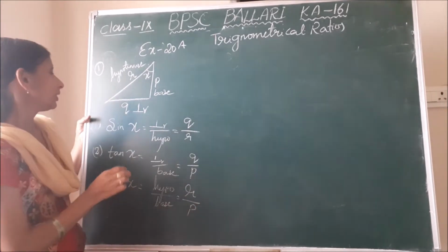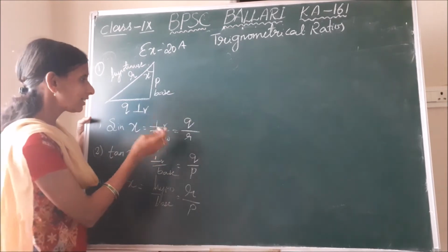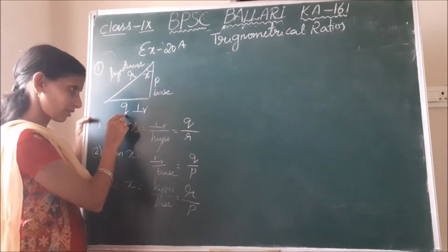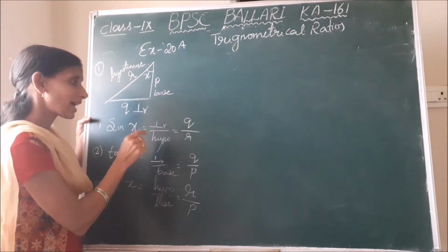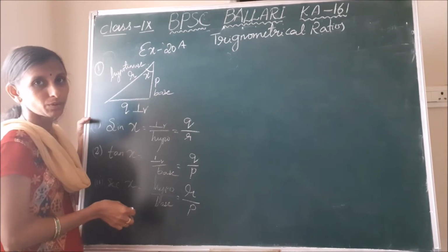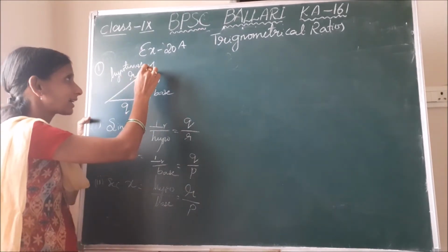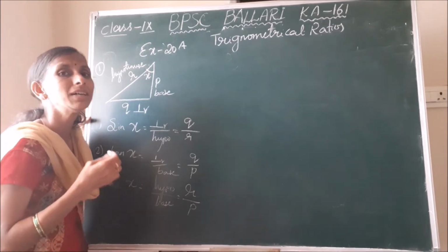So, sine means perpendicular by hypotenuse. From that figure, perpendicular is Q and hypotenuse is R. We are writing this based on this angle. So, based on the angle, first we take which is the hypotenuse, which is the perpendicular, and which is the base.